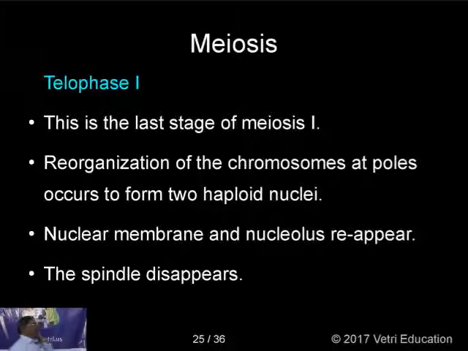Telophase is the last stage of meiosis 1. There is reorganization of the chromosomes at the poles in the form of haploid nuclei, the nuclear membrane and nucleolus reappear, the spindle fibers disappear, and 2 cells are formed.